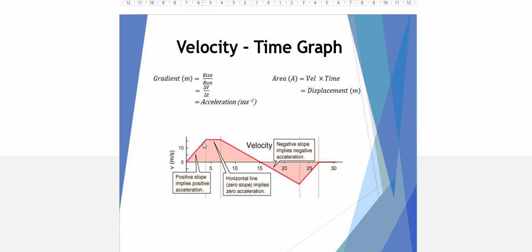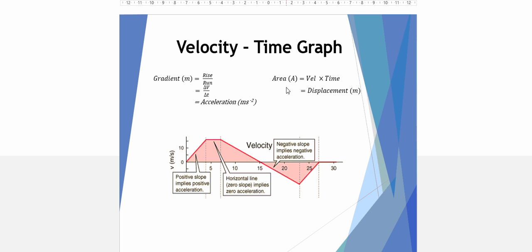So the gradient of a velocity time graph gives us the acceleration. A positive slope indicates a positive acceleration. A flat gradient of 0 slope represents 0 acceleration, or rather just a constant velocity. And a negative slope represents a decrease in velocity, a negative acceleration.